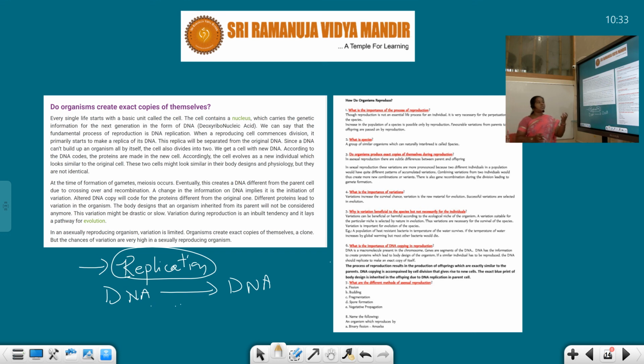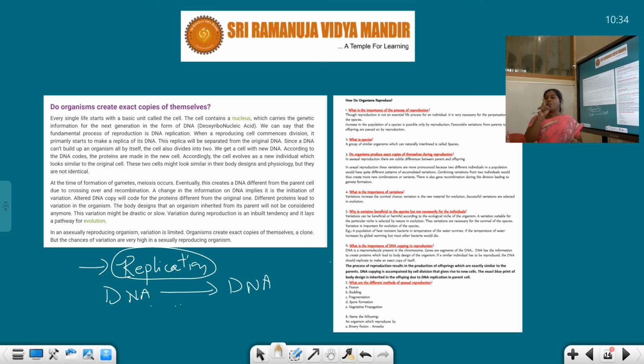This variation during reproduction is an inbuilt tendency, and it lays a pathway for evolution. In asexually reproducing organisms, variation is limited, as they create exact copies of themselves, a clone. But the chance of variation is very high in sexual reproduction, and very low in asexual reproduction.